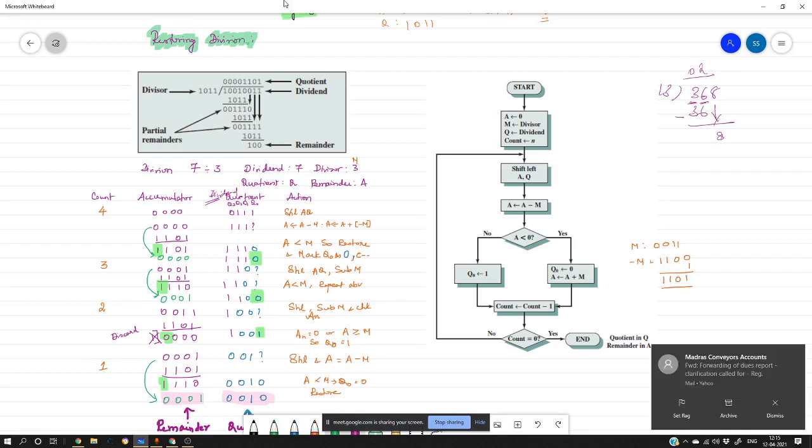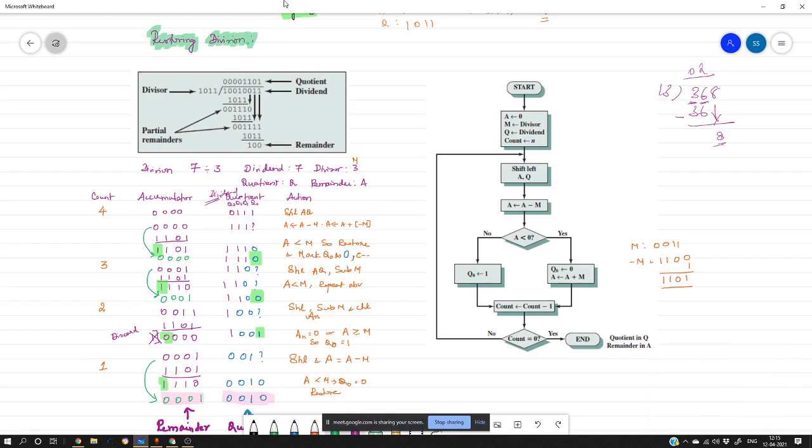Check whether the digit you have brought down is greater than 13. It is not, so you try to pull one more digit down, but there are no values here, so we stop. This becomes the remainder and this becomes the quotient.